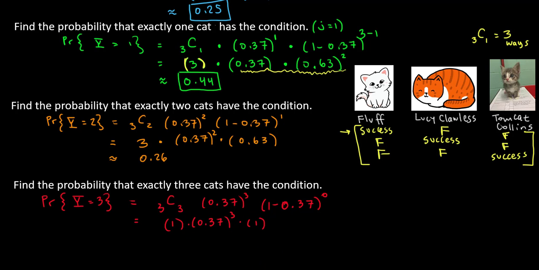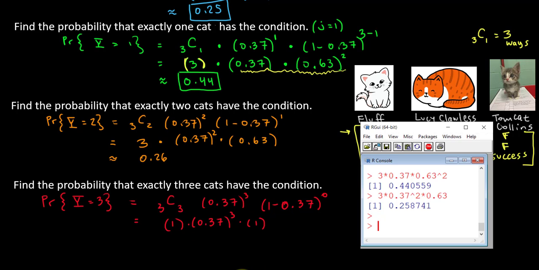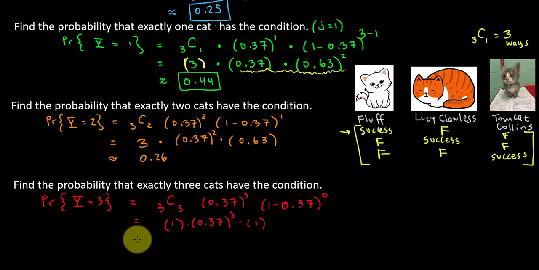So I just need 0.37 cubed, approximately 0.05. And I'm going to go make sure I've written all of these in our table up above.